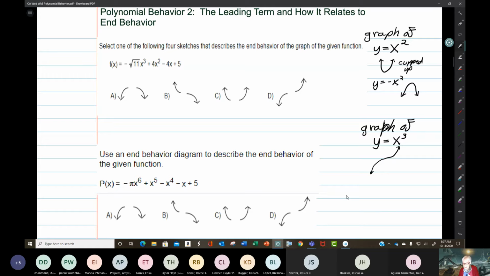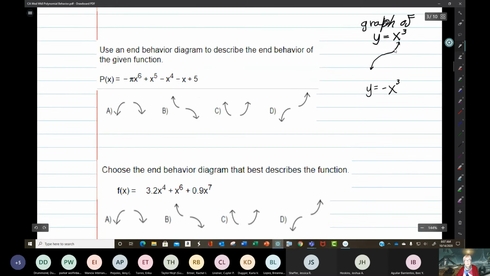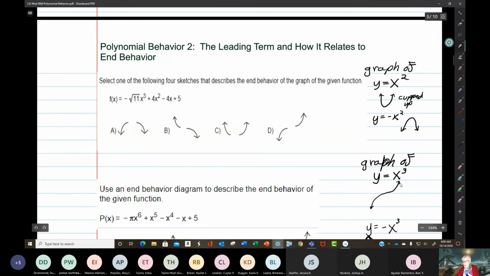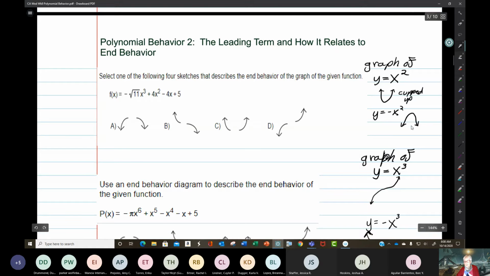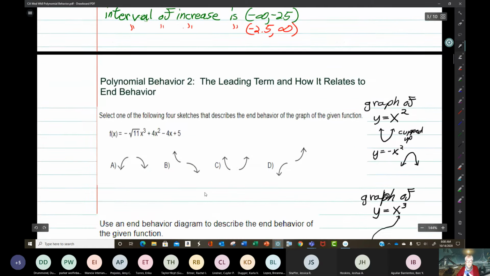And the graph of negative x to the third is just this graph tipped upside down so that it looks something like that. Just keep these four graphs in mind, because everything that we're about to do is based on that.